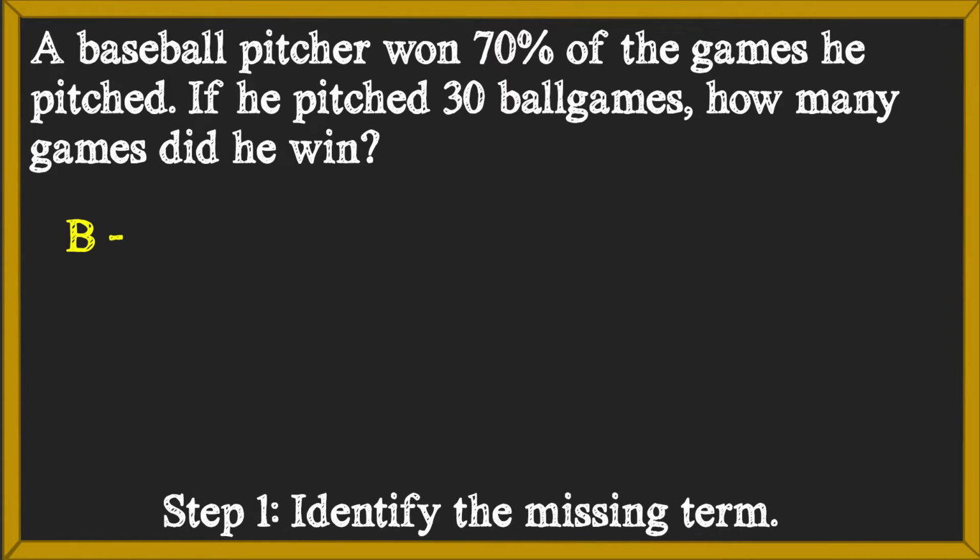Since the problem says he pitched 30 ball games, so there are 30 ball games. This will be our base. Since 70% has the percent sign, automatically this will be the rate. So the one missing here is the percentage.